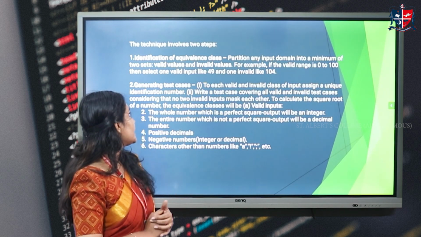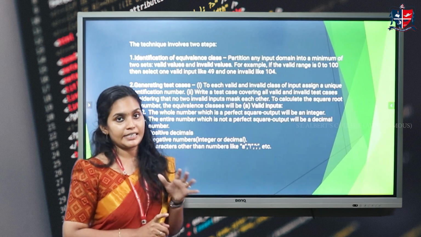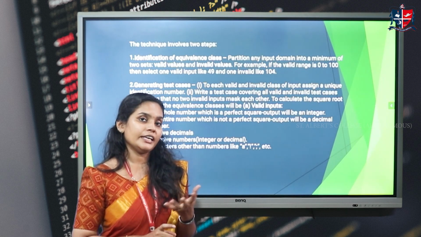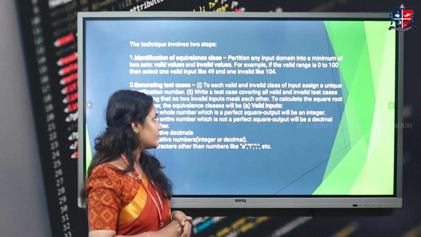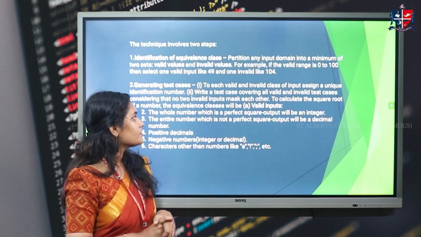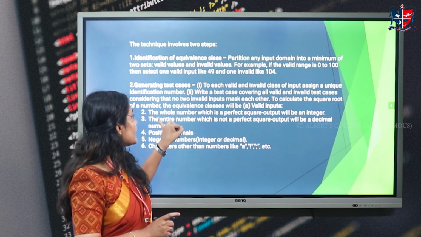After assigning the identification numbers, we can write test cases for each class and check if any classes can be masked together. For calculating the square root of a number, the equivalence classes will be as follows. The steps are there.